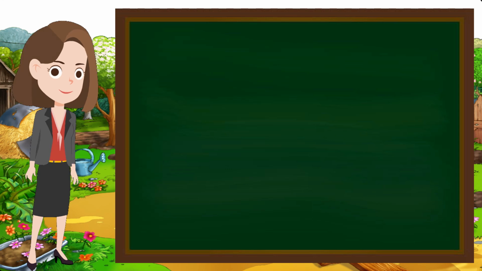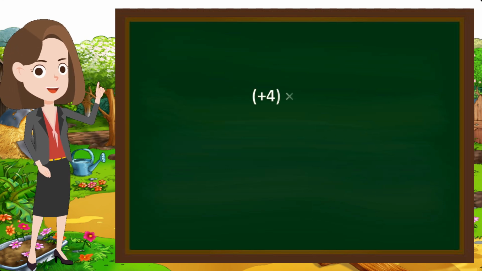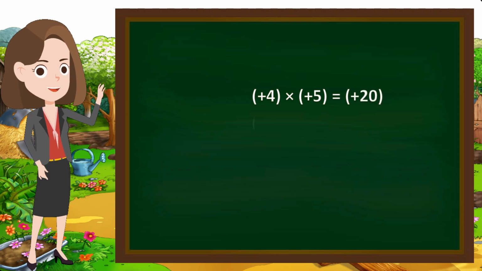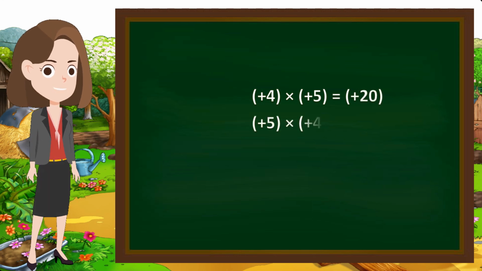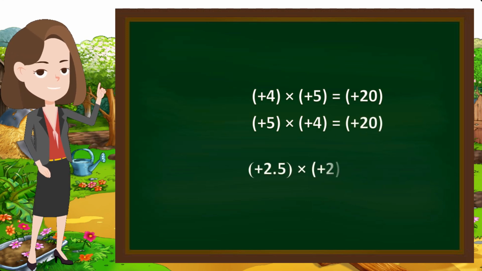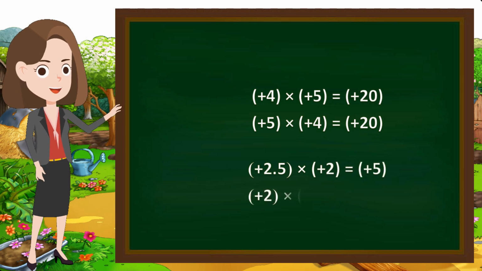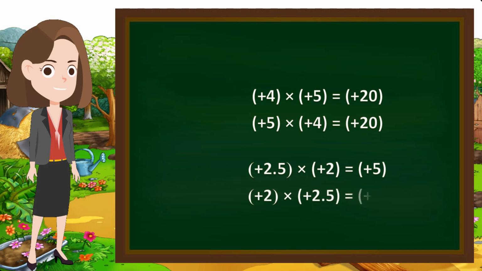Okay, good my children. You know that multiplying plus 4 by plus 5 equals multiplying the plus 5 by plus 4. Also, multiplying plus 2 by plus 2.5 equals multiplying plus 2.5 by plus 2.